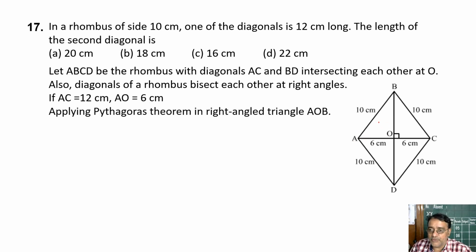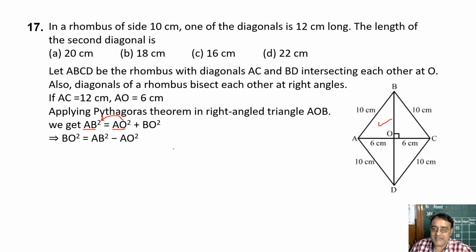So what you will get if you use Pythagoras theorem in this triangle? AB square is equal to BO square plus AO square. Very good. So AB is given 10 and AO is 6. We have to find BO, so we shift this here. Now we substitute AB and AO. 10 square minus 6 square, 100 minus 36.